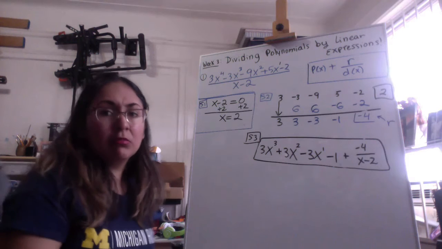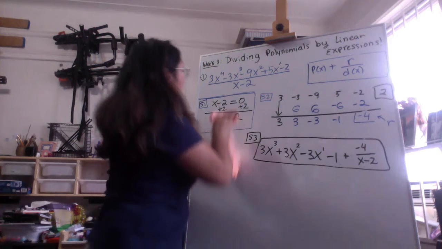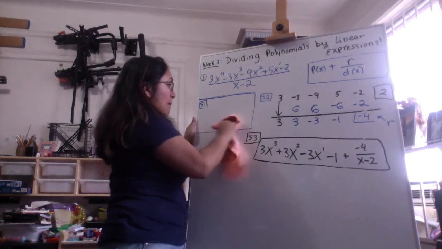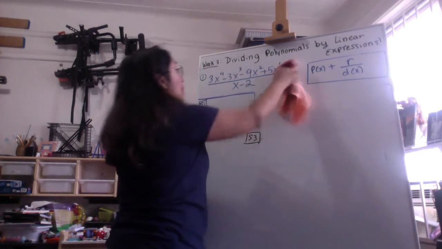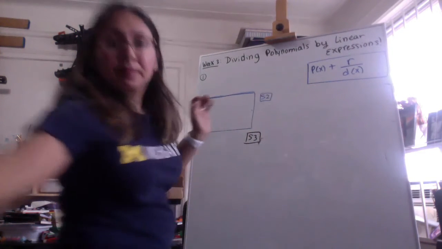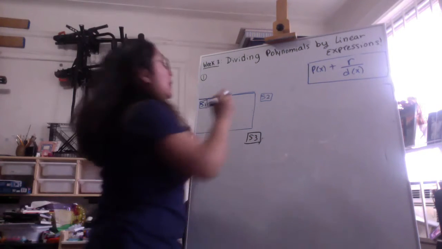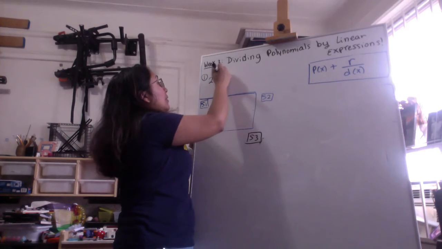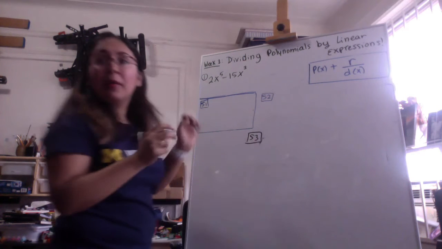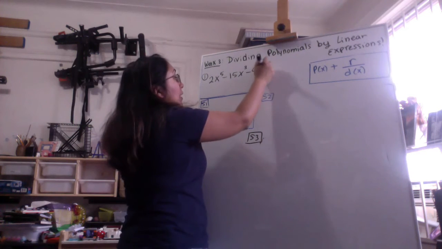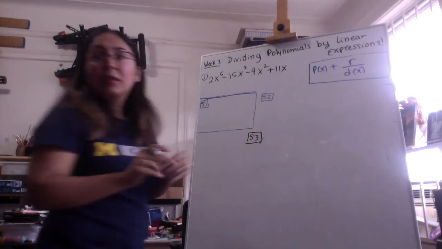Let's do another example, where we are missing a term. It's going to be 2x to the 5th power minus 15x to the 3rd power minus 9x squared plus 11x, oh my goodness, plus 12.